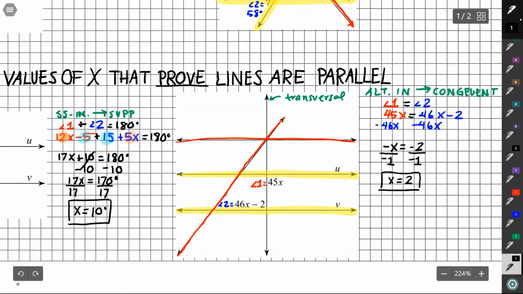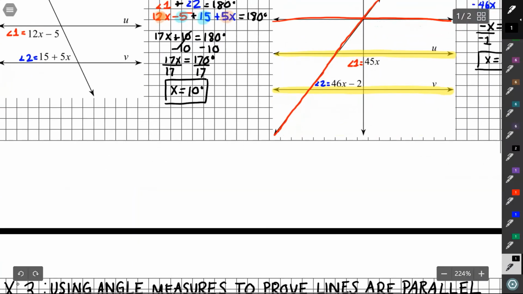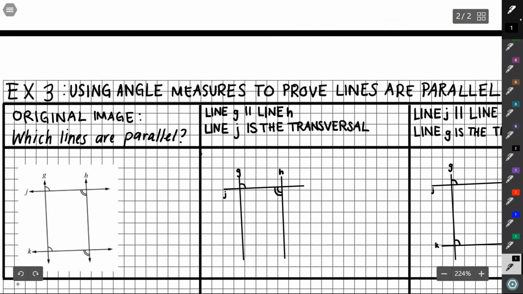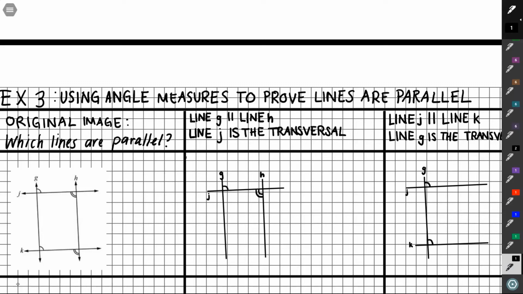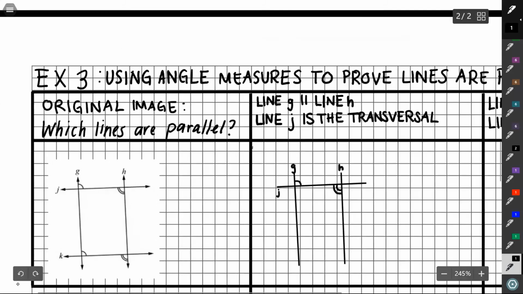Alright, this last example is going to be a little bit trickier than the last two, but I'm going to try and break it down as much as possible, so stick with me. Alright, so now we're going to use angle measures to prove that lines are parallel. So we're going to look at this image first.